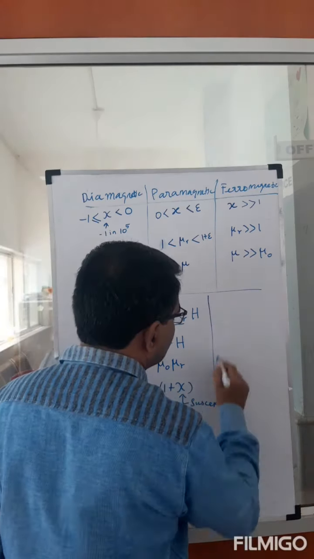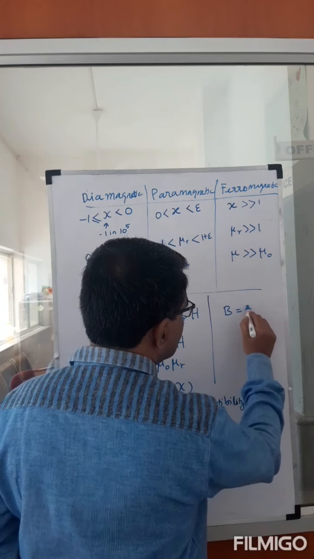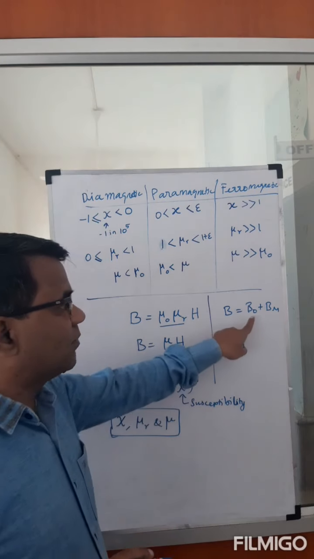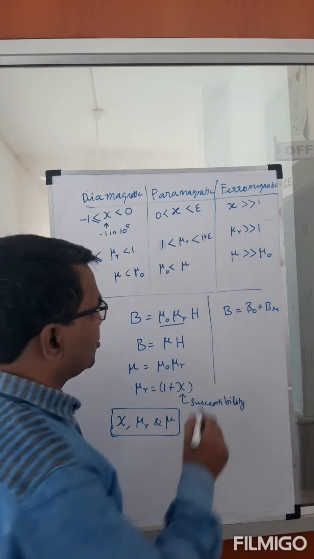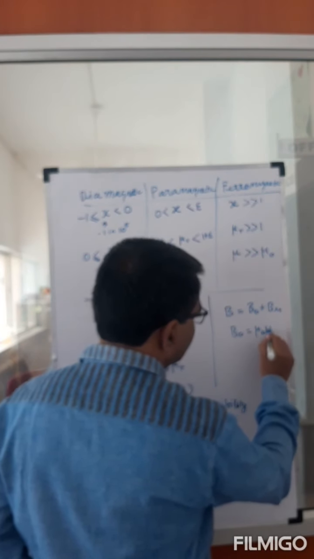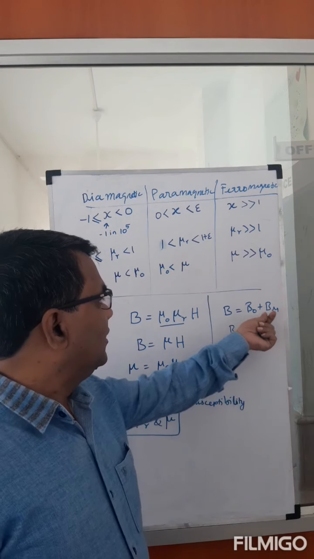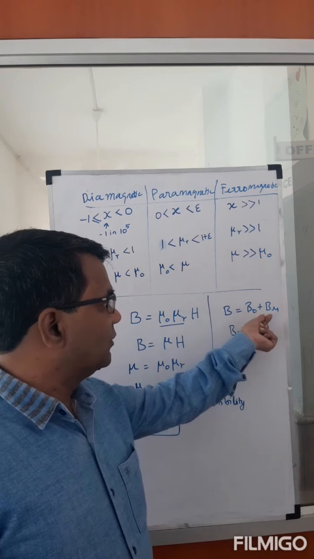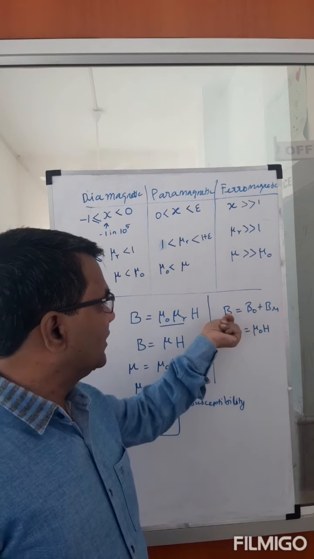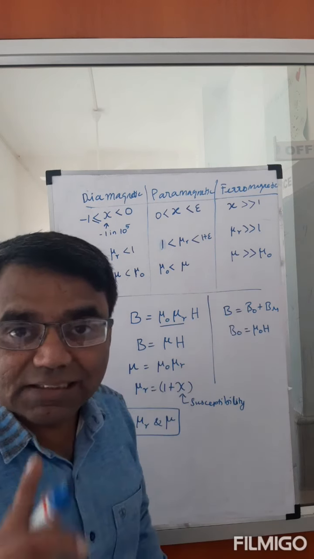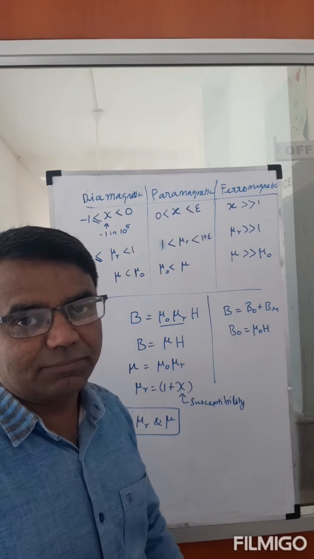We said that B was equal to B naught plus Bm. So B naught is the applied magnetic field, which was equal to mu naught into H. And then Bm will be opposing this field, so this will be a negative quantity. So then net B will be less than B naught in the case of diamagnetic materials.